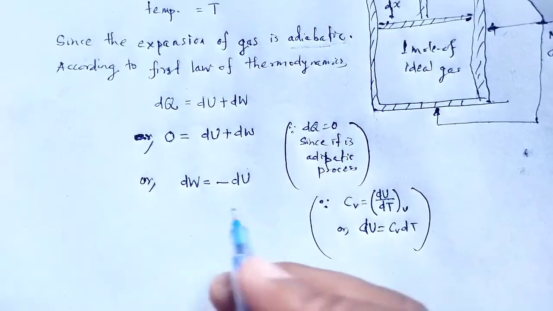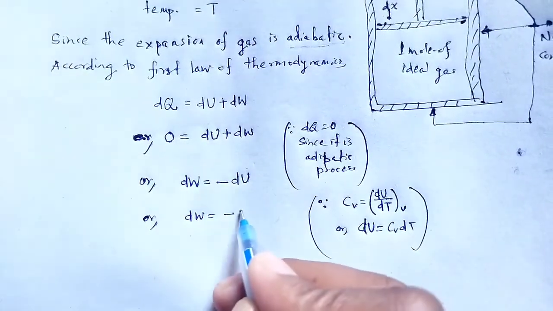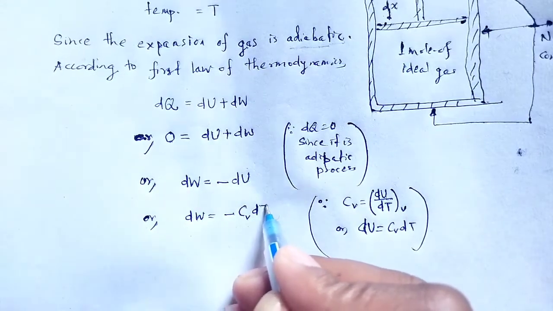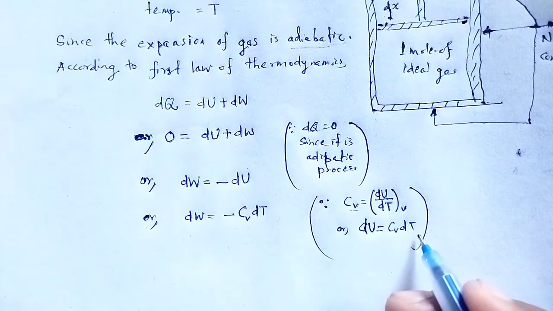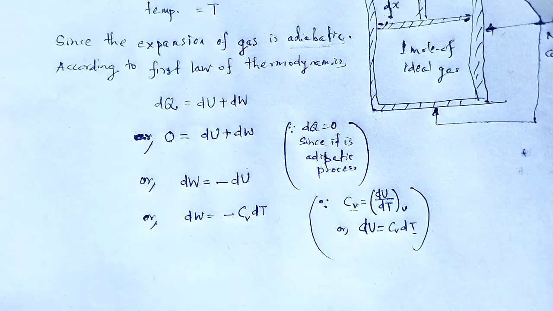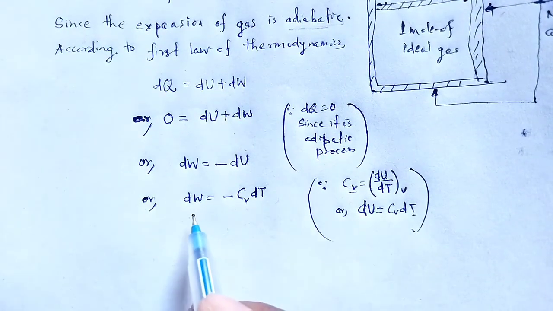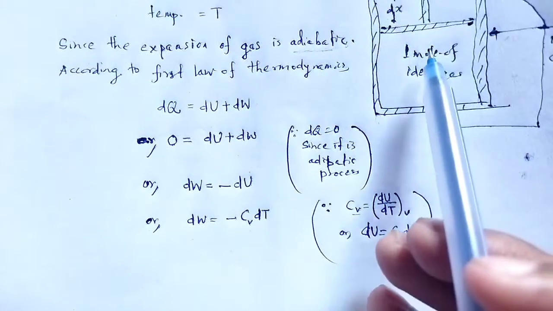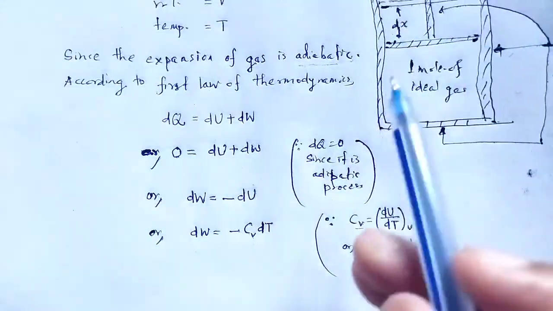In place of du I substitute Cv dT, dw is equal to minus Cv dT. Here Cv is the specific heat of gas at constant volume and dT is the change in temperature. This is the small work done when the piston expands to a distance of dx.